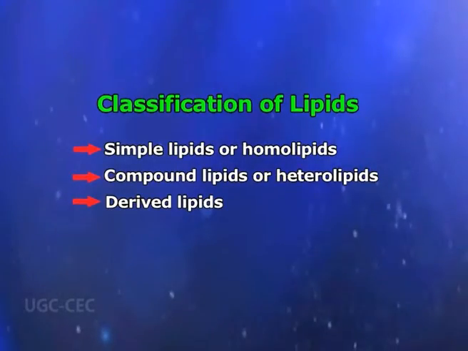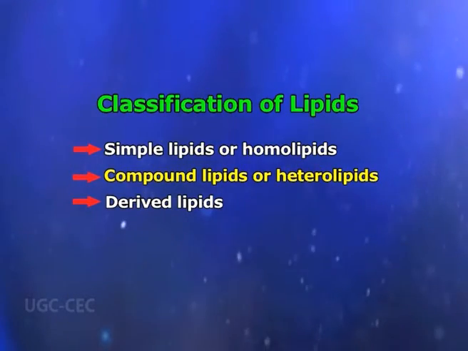The second one is compound lipids or heterolipids. These are esters of fatty acids with alcohol and possess an additional group also. The first one is phospholipids, also known as phosphatides. These are the compounds containing phosphoric acid, nitrogen base and other substituents in addition to fatty acids and glycerol.